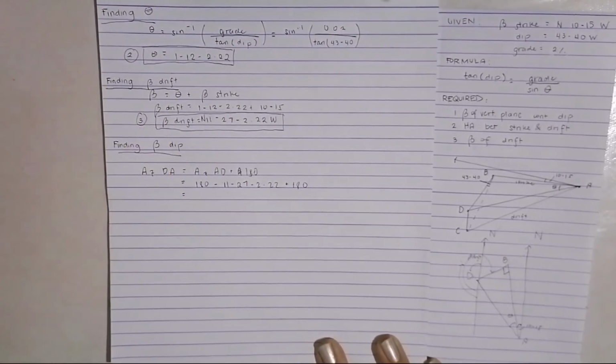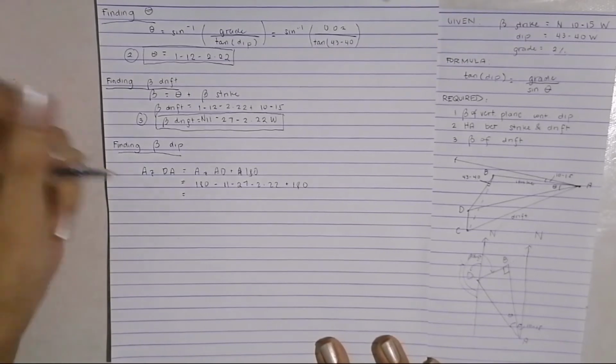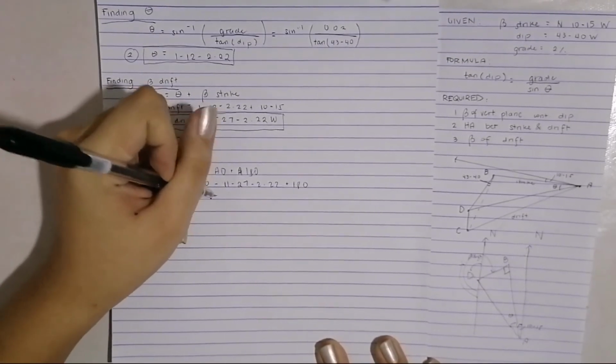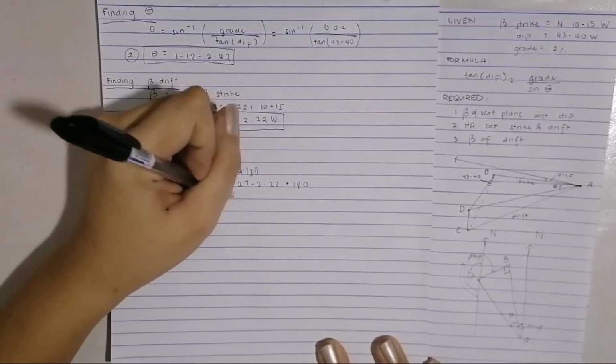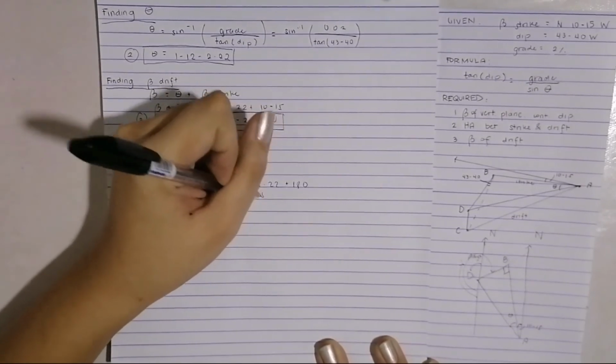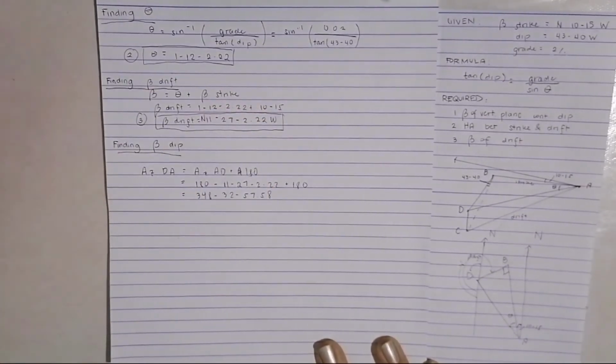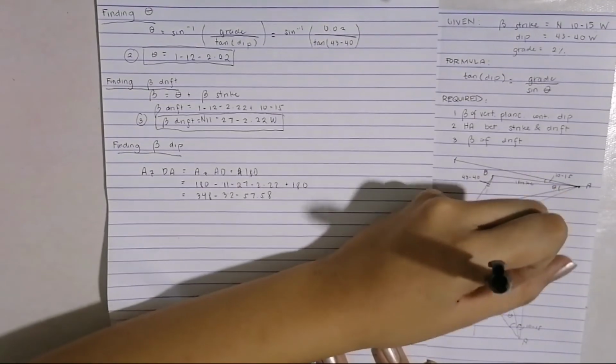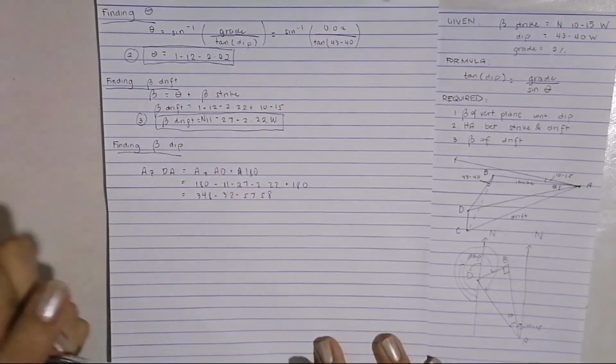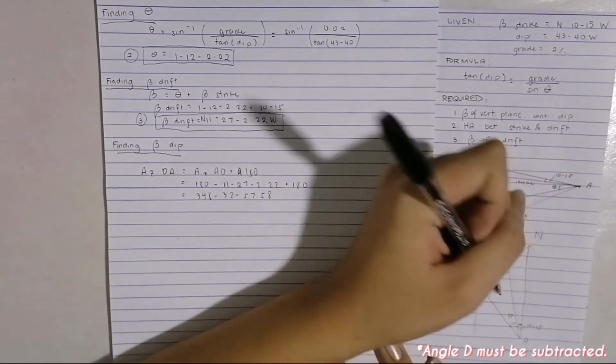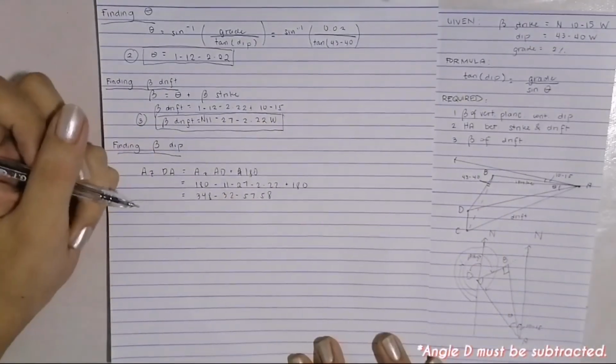So solving for this, we get the azimuth of line DA equals 348 degrees, 32 minutes, 57.58 seconds. So meron na tayo nung azimuth hanggang dito. Ang kailangan na lang natin is subtract yung angle na to. And we can easily do that.